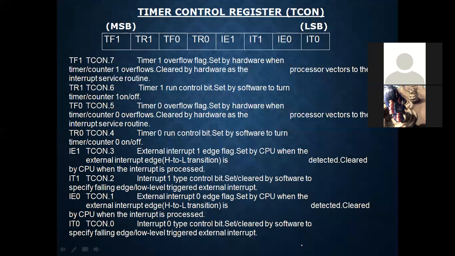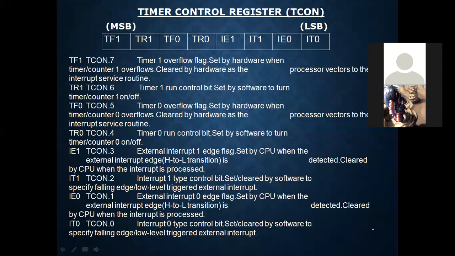I'm writing Chaibasha. Are you seeing my writing from left to right or right to left? Left to right, sir. Yes, sir. Okay. So I'll write here only.